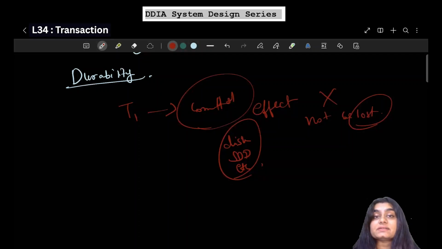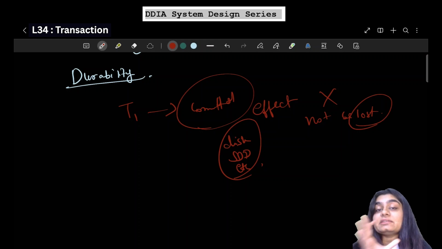The data will persist and will be available in the future, which is essential for fault tolerance. In simple terms, if you see a message that your transaction has been committed or your order has been placed successfully, durability ensures that the changes are not just in memory. They are saved in a way that will survive resets and crashes. The committed data will still be in the database when the system comes back again.